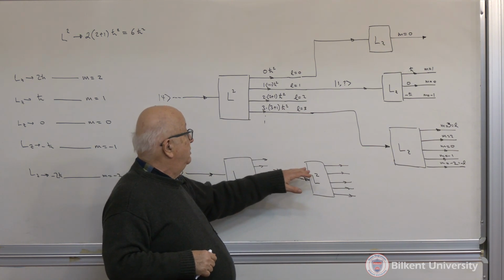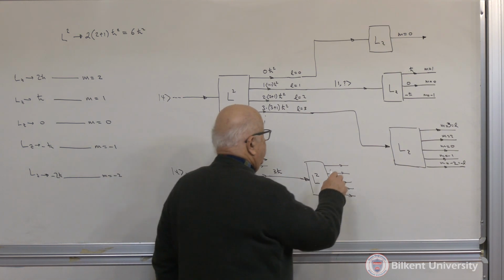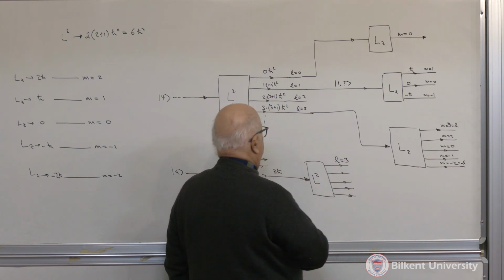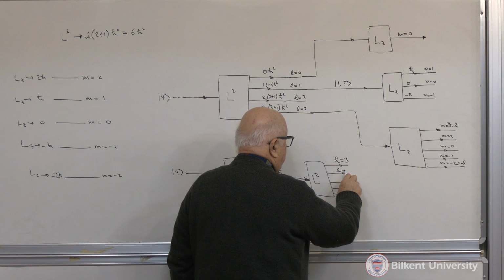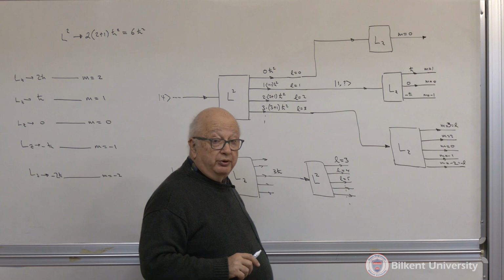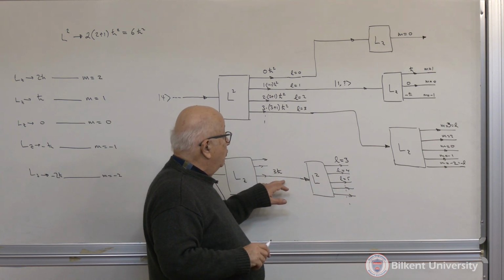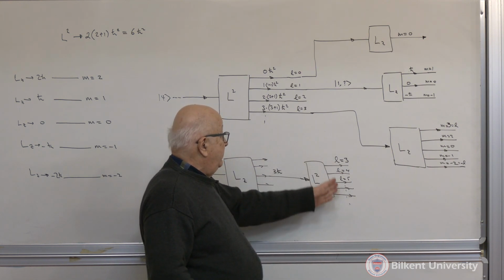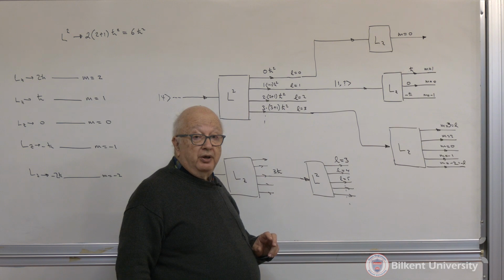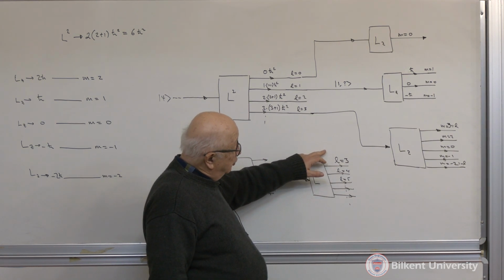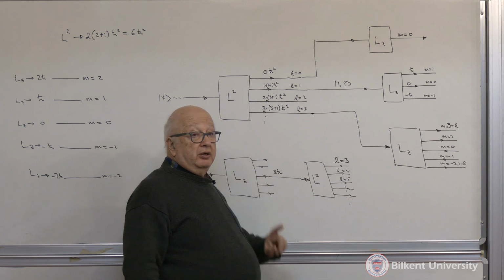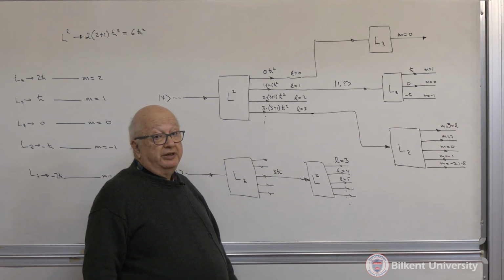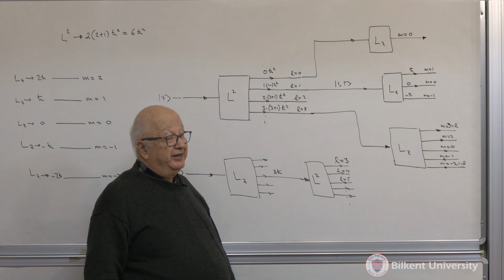So the lowest L squared that I can have here is going to be L equal to 3. But it could be L equal to 4, it could be L equal to 5. In fact, there's no limit to this. It can be a state of L equal to 16, so we have to measure and find out which one it is. But it cannot be L equal to 2 or 1 or 0, because the z component is already 3h bar. Other questions?